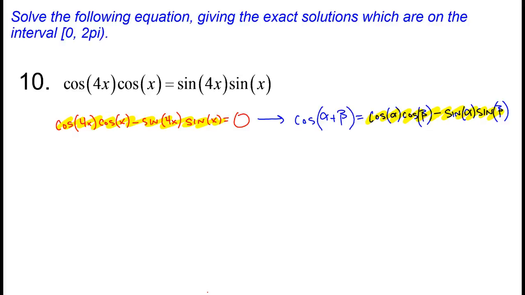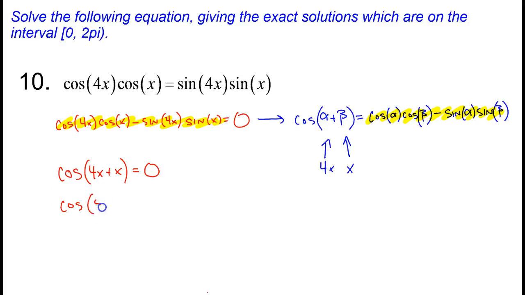So that means that alpha is 4x and beta is x. So we can rewrite this problem as cosine of 4x plus x equals 0. And now this really isn't too bad.